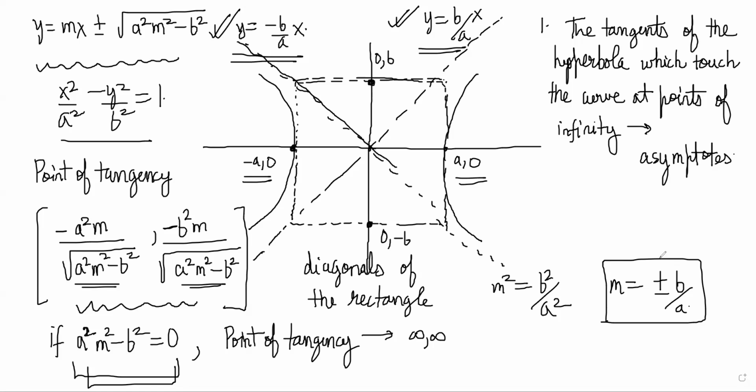And we know if the slope is plus minus b by a, then from the point 0, 0, the tangents will meet at infinity. So basically, these lines are known as asymptotes and they will touch the curve very far away, right? So you have basically two asymptotes, and the two asymptotes are given by y is equal to plus minus b by a x.